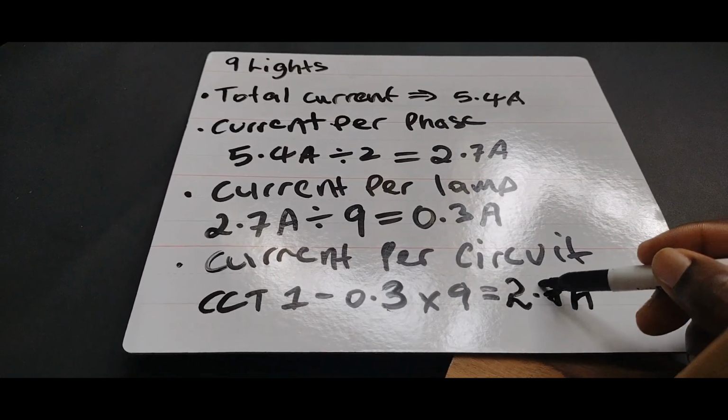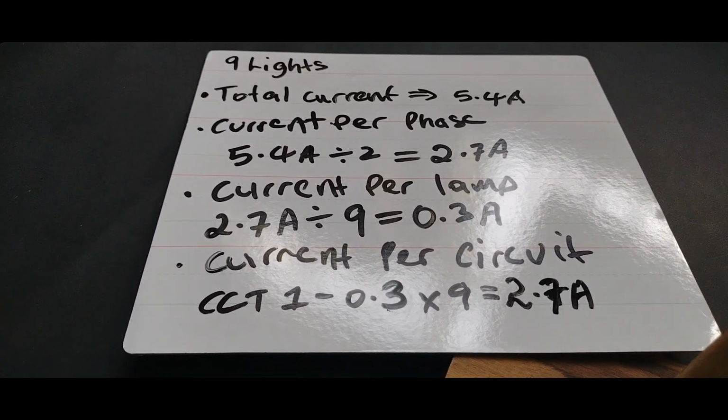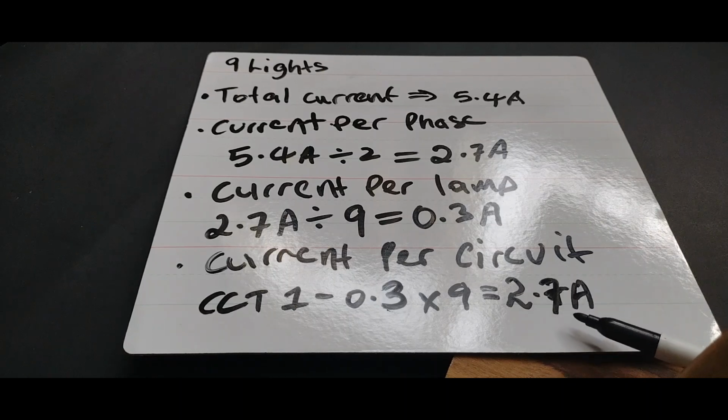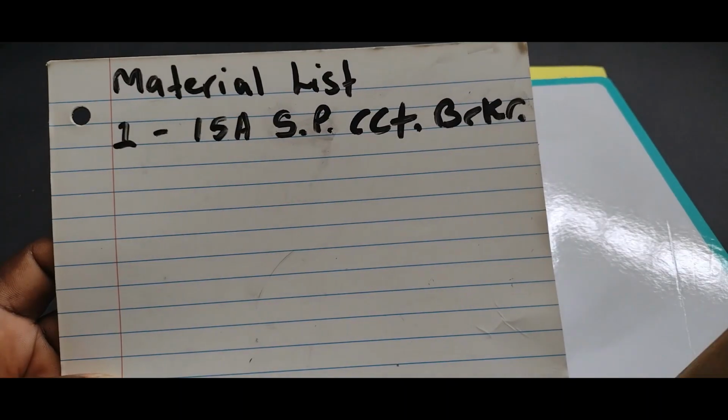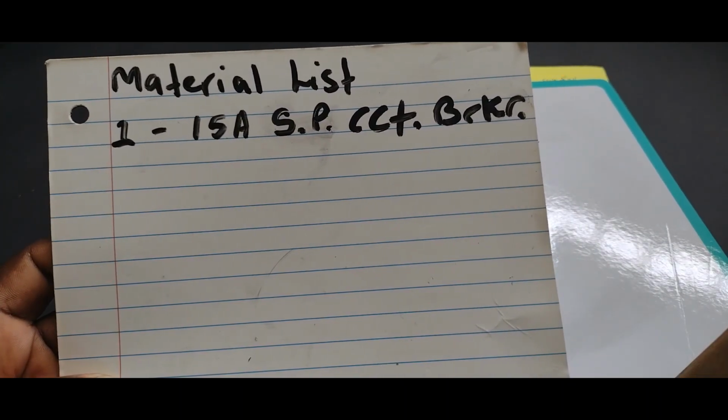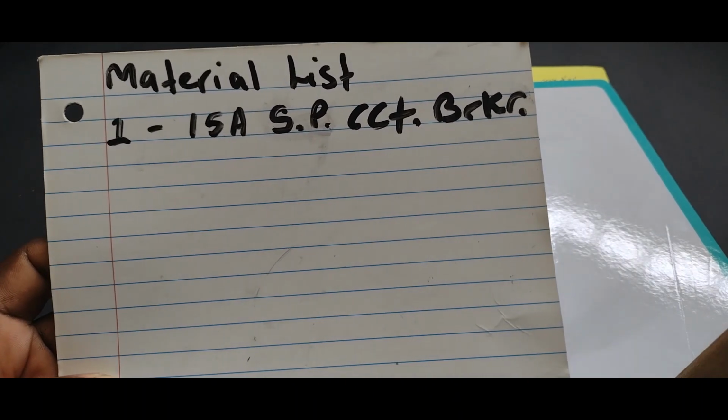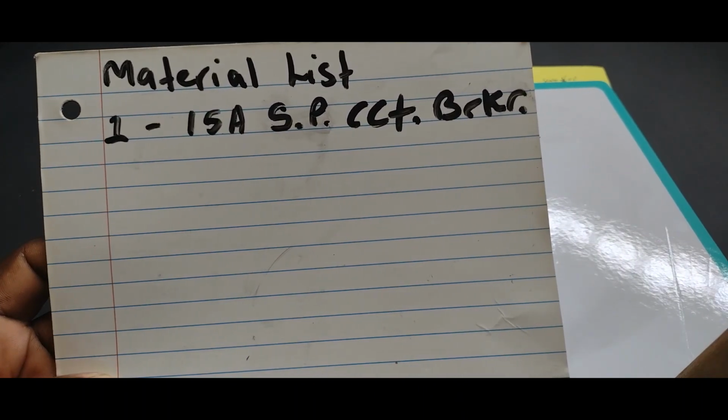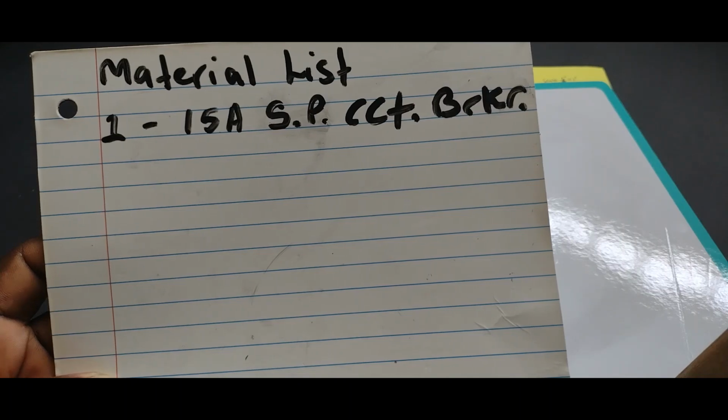So we're right back where we were because it's only one circuit breaker we're using. So that one circuit breaker, that's the amount of current. So here is our material list. This is a whiteboard of our material list that we'll be compiling. And so far, 1 15 amp single pole circuit breaker for the lights.